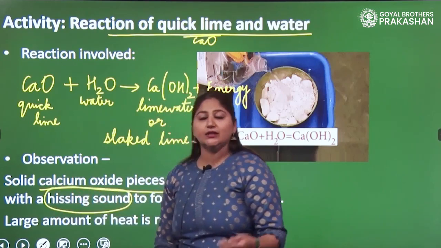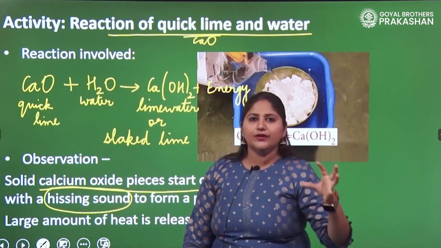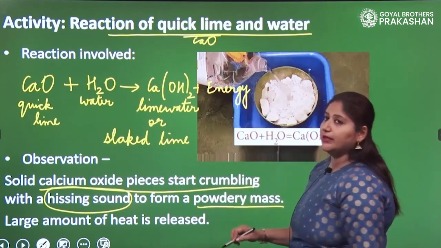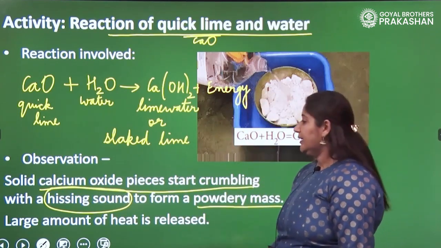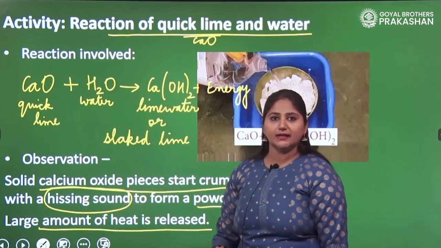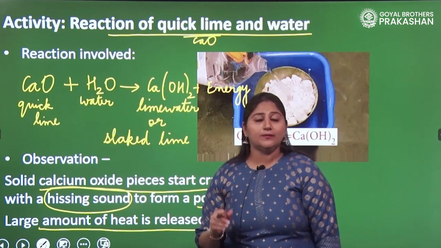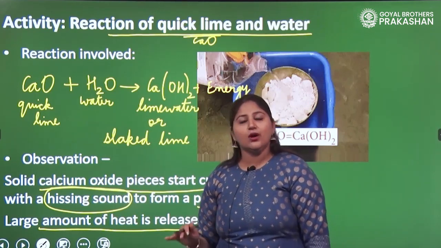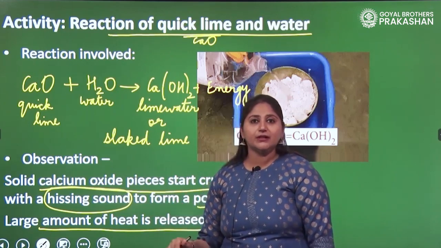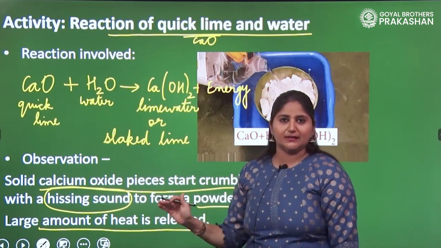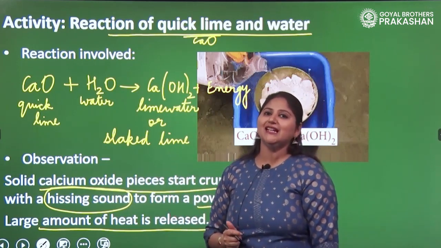As soon as you pour water, a lot of hissing sound is produced to form a powdery mass. Which powdery mass? Calcium hydroxide, and a large amount of heat is released during the process. So these observations are very important. Please make sure to learn and understand these observations, and you must know the reaction involved in all the activities. I hope you have understood this activity. Thank you.